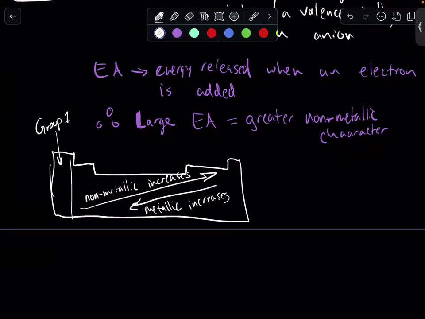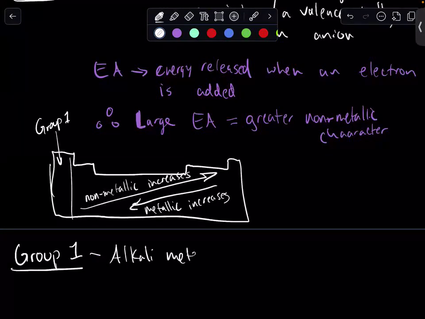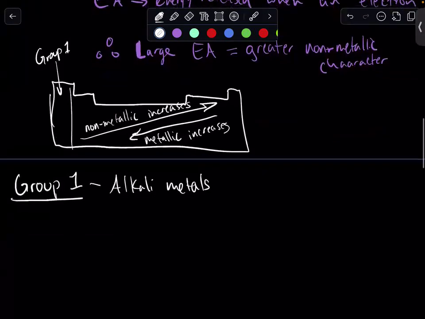So let's go ahead and talk specifically about group 1. Another term for those was the alkali metals. So group 1 elements are highly reactive because when chemicals react, the big thing that judges whether or not something is going to react is its tendency to gain or lose electrons.